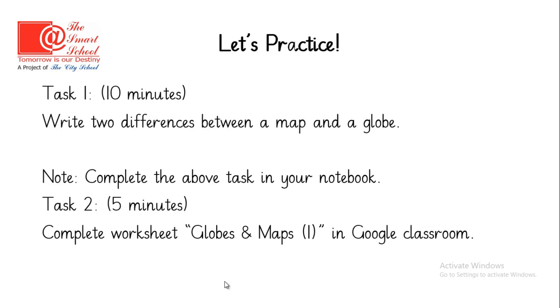Now, let's practice. Task 1, you have 10 minutes to complete this task. You have to write 2 differences between a map and a globe. This work is to be done in your notebook, and you are supposed to draw 2 columns parallel to each other.